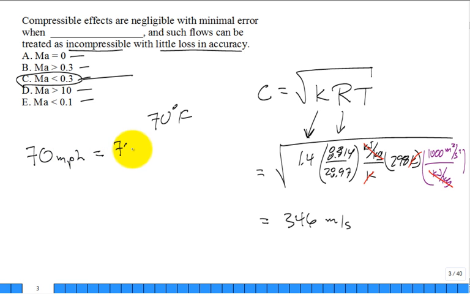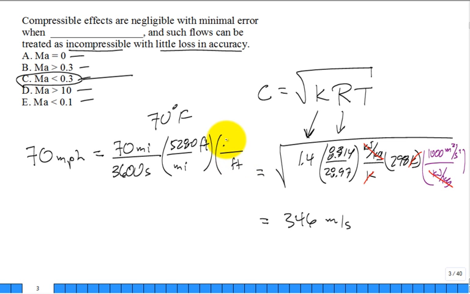So 70 miles per 3,600 seconds. A mile is 5,280 feet, true? And a foot is 0.3048 meter.